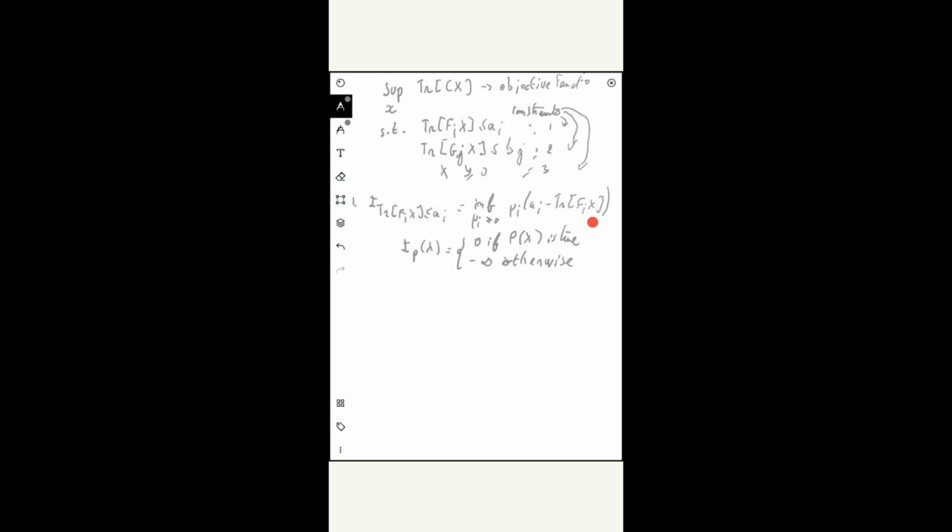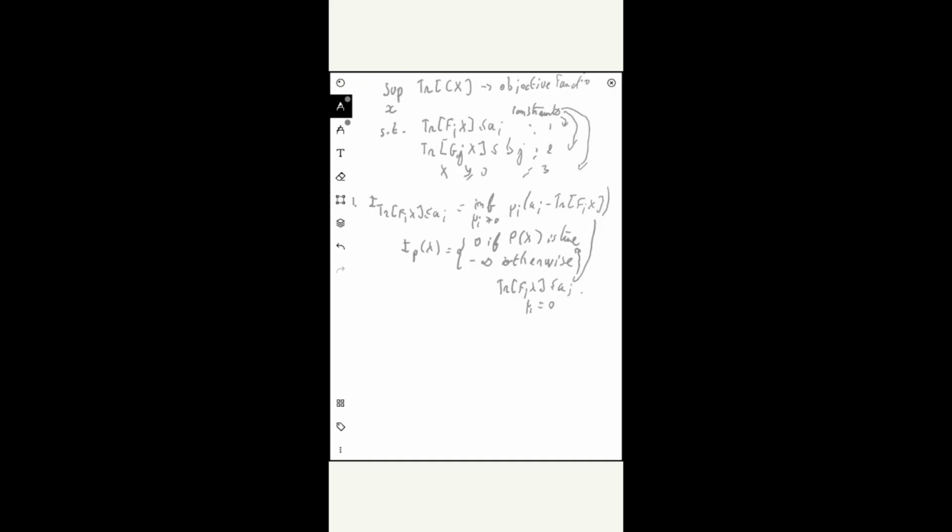If you take this, you see that if you respect the constraint, trace of Fi of x is inferior to ai, and so basically the minimum would be 0, because you can take psi equal to 0, and so you go into p of x equal true.